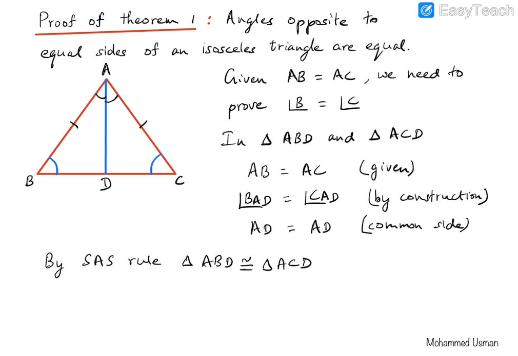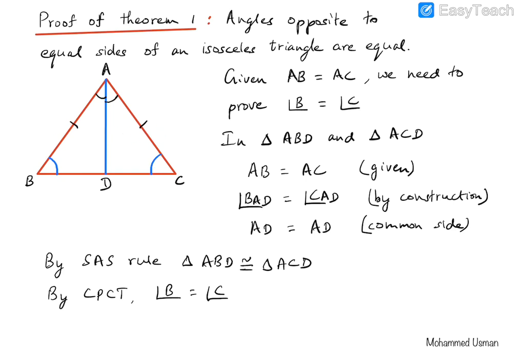Now, since these two triangles are congruent, we can say that the corresponding parts of the congruent triangles are equal. So the corresponding parts of the congruent triangles are angle B and angle C. So by CPCT, angle B is equal to angle C. So hence we have proved that the angles opposite to equal sides are equal.